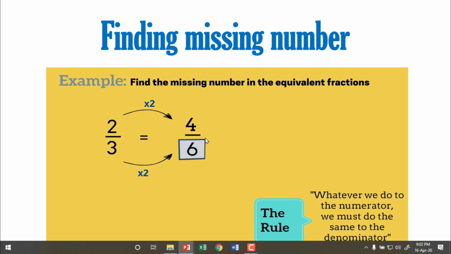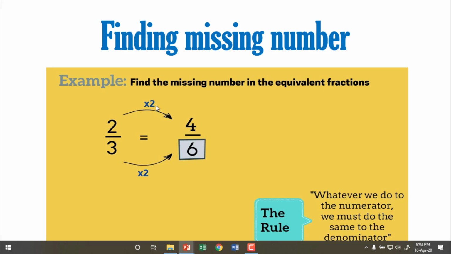As 2 by 3 is equal to 4 by something, they are equivalent to each other. So we already know that to find an equivalent fraction we have to multiply the numerator and denominator by the same number. Here 2 is given and here 4 is given. So how can we get 4 from 2?